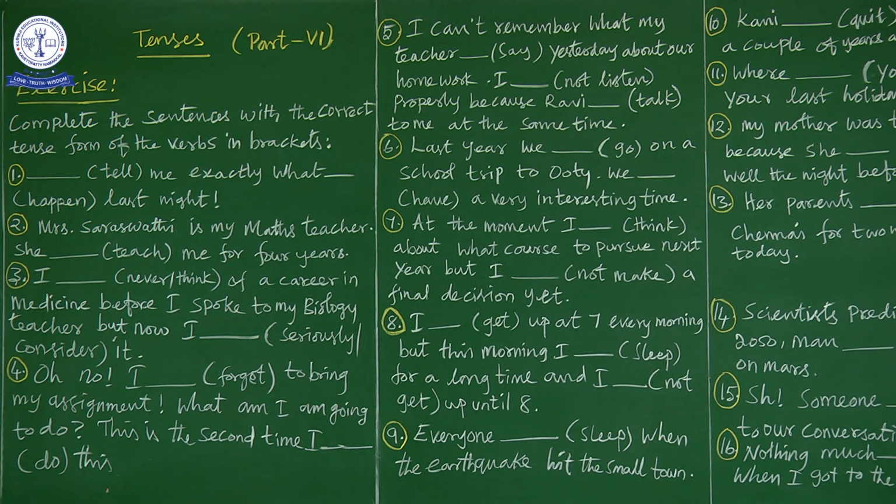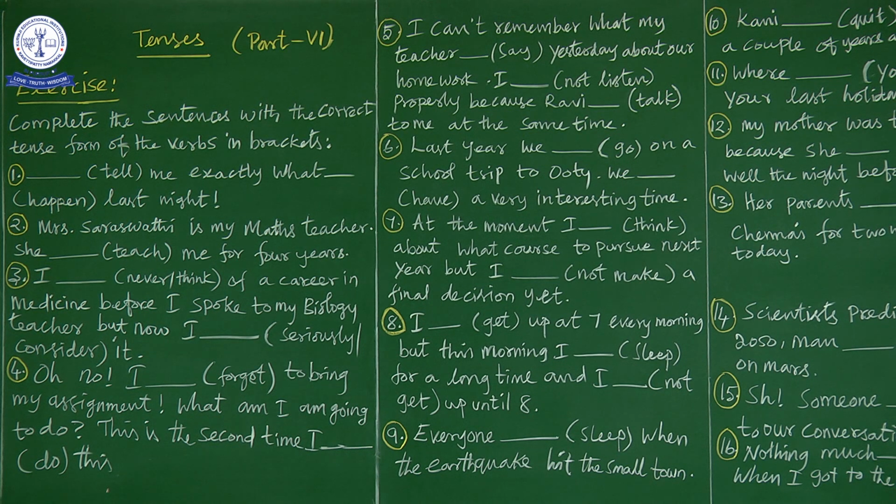So I did not answer properly because Ravi was talking to me at the same time. Whenever we have "at the same time", it means the verb is in continuous form. So we have to choose which continuous tense, whether present continuous, past continuous or future continuous. Since the previous sentence is in past tense, that is, I did not listen properly because Ravi was talking to me at the same time.